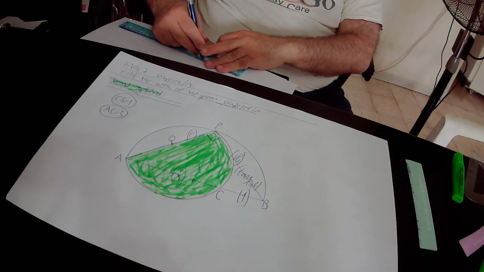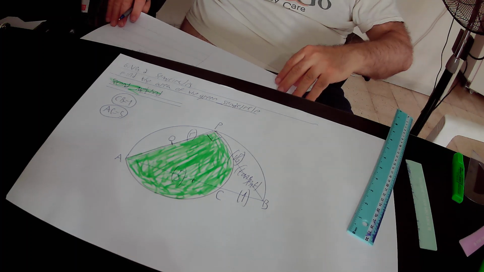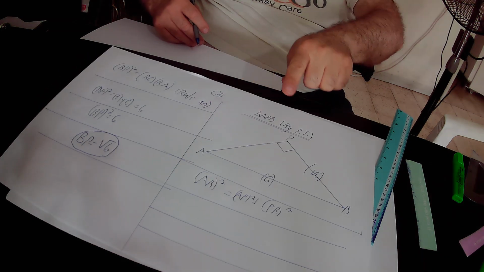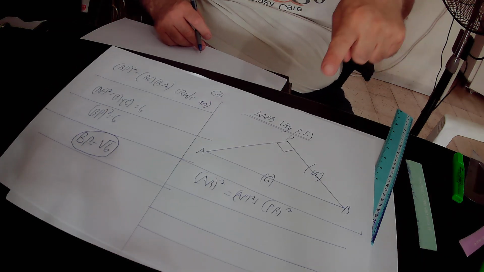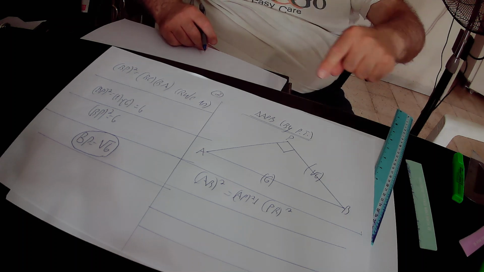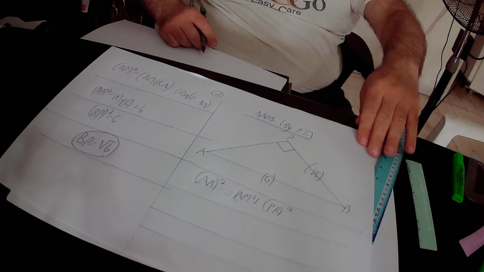According to the Pythagoras theorem, in this right triangle APB, AB squared equals AP squared plus BP squared. AB is 6, therefore AB squared is 6 squared, that is 36.